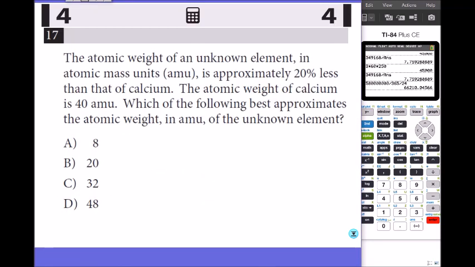17. The atomic weight of the unknown element in atomic mass units is approximately 20% less than the calcium. The atomic weight of the calcium is 40. And it says 20% less, meaning 80% of it, right?